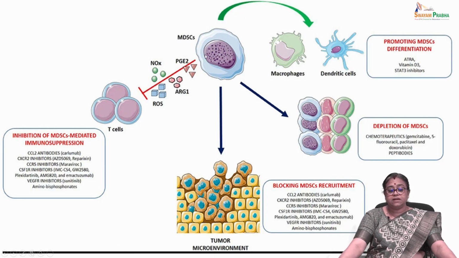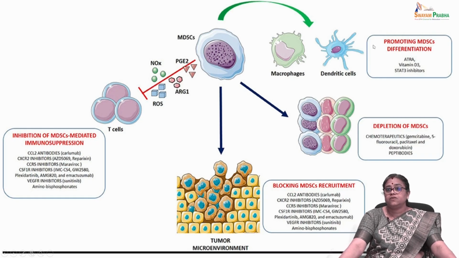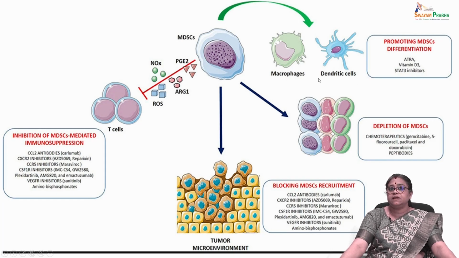Now, if you see in this cartoon, this is your MDSC here. They are in the de-differentiated state, creating an immunosuppressive environment. So, if we have agents which can promote their differentiation, these MDSCs can get differentiated into macrophages and dendritic cells by using several agents like all trans-retinoic acid, vitamin D3, STAT3 inhibitors.